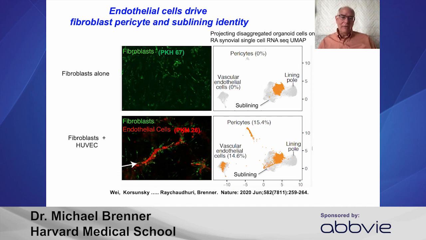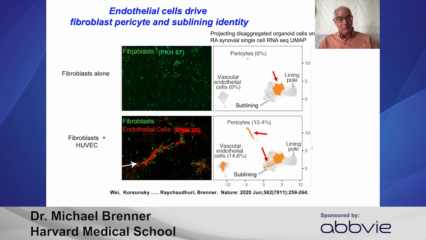This led us to do the following experiment in which we grew organoids of fibroblasts alone or in the presence of endothelial cells that organize into little blood vessel-like structures. What we found is that when we grew fibroblasts next to blood vessels, we were able to generate the sublining and the pericyte populations, which were absent when the blood vessels were not present. So the blood vessel seems like it's necessary to drive differentiation of the sublining fibroblasts.